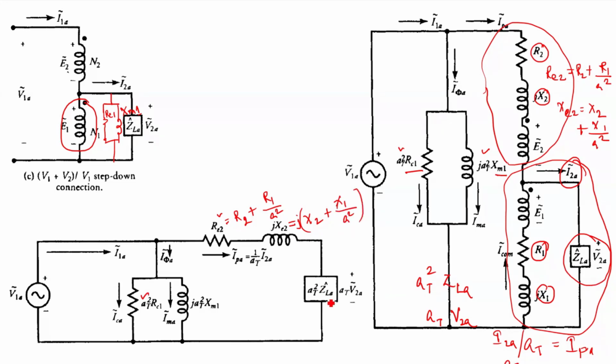Your ZLA will be multiplied with AT square when referred to primary side, your V2A will also be multiplied with AT, and your current will be divided by AT. So this is your third configuration.